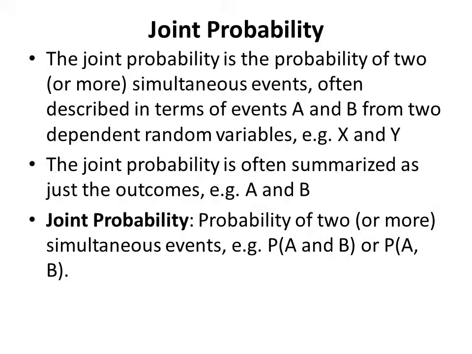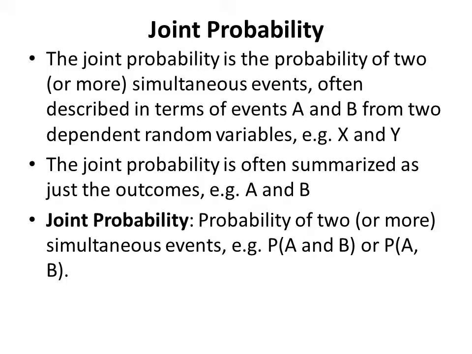And coming to joint probability, the joint probability is the probability of two or more simultaneous events, often described in terms of events capital A and capital B from two dependent random variables X and Y. The joint probability is often summarized as just the outcomes, for example A and B. So joint probability is nothing but the probability of two or more simultaneous events.